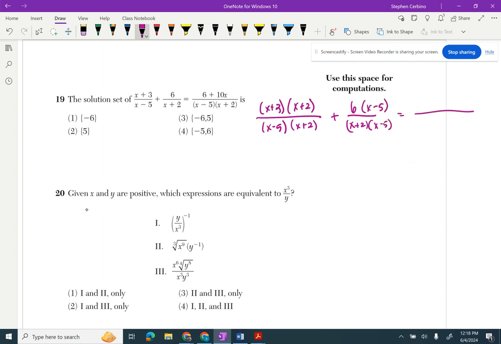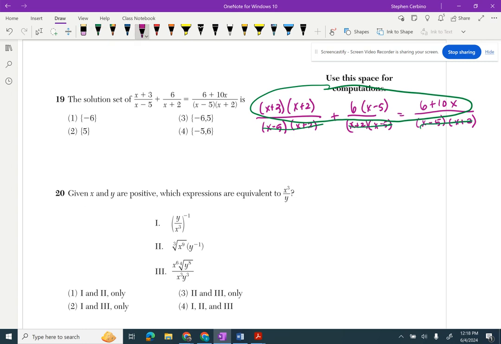The last fraction already has the common denominator, so there's really nothing to do there other than to rewrite it. Once you have that, you can then say everything in the numerator becomes your equation. Since all the denominators are the same, they no longer matter.